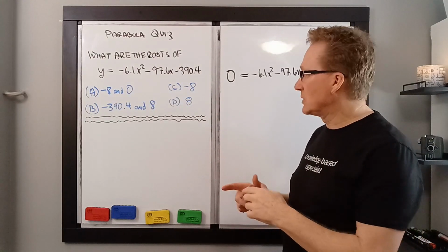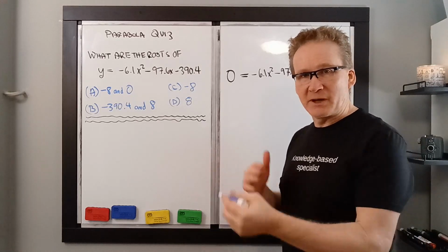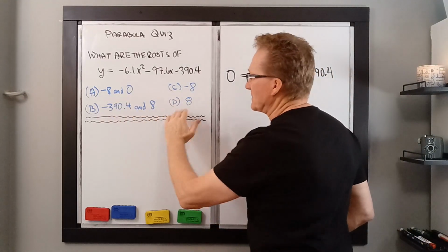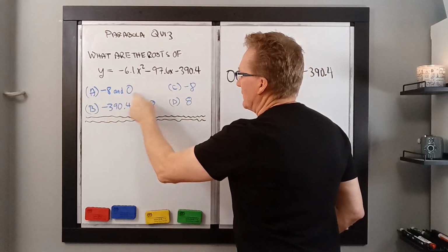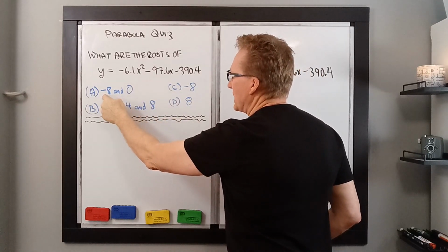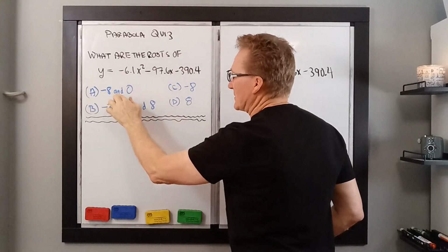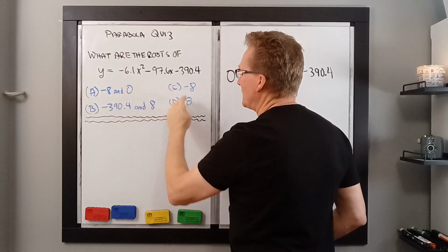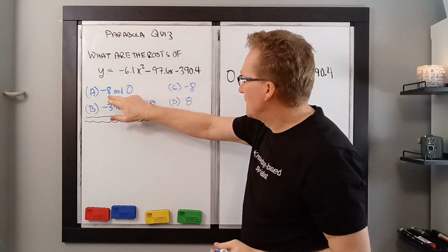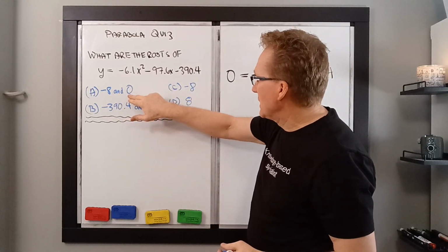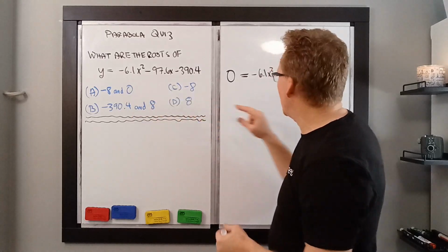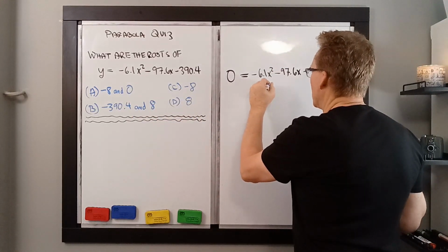On the test, though, you want to see if you can find a way to quicken yourself, to get through a question really quickly and see if there's some sort of trick. So here we have a variety of different answers, and this one says the solutions are minus 8 and 0. They both have to be solutions at the same time. So let's see if we can eliminate one of these. This might be the easiest to eliminate. If a solution is 0, then we would plug in 0 for the x right here.